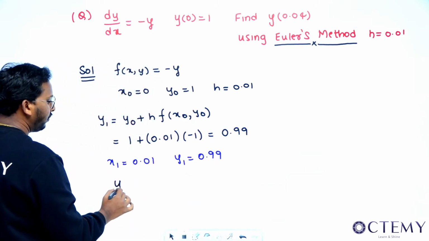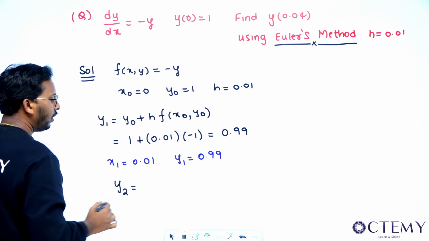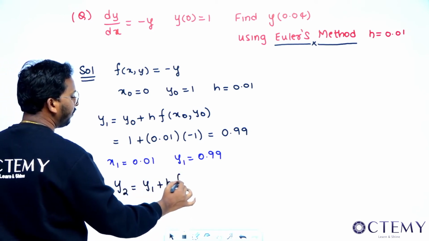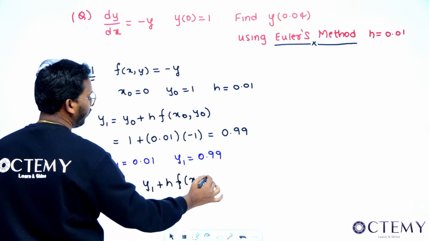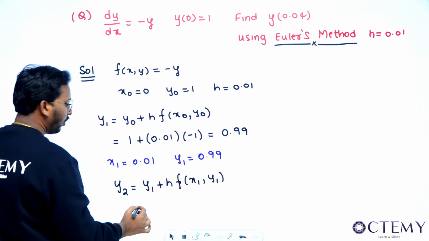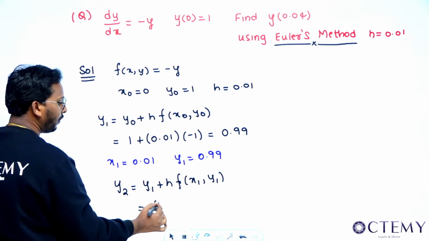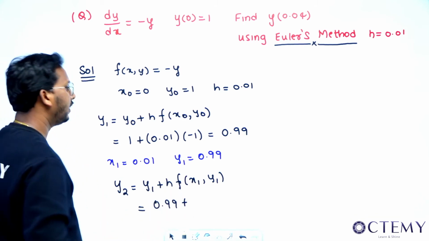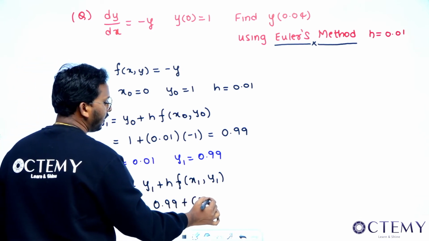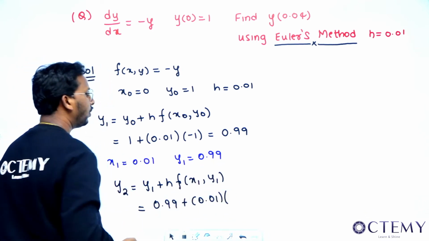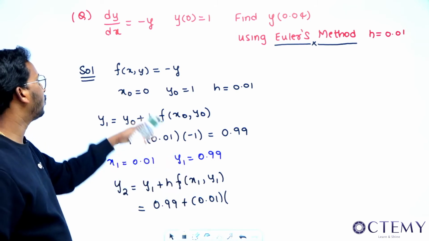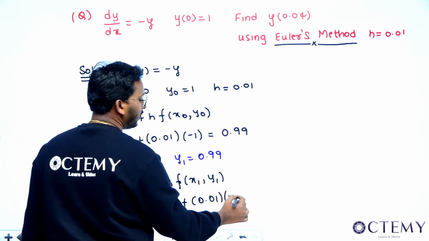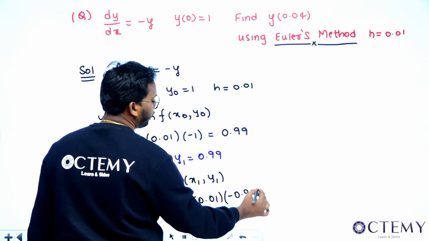Now let us go to x2. If you want to find y2, your y2 should be y1 plus h times f(x1, y1). What is the y1 value you got? 0.99, plus the value of h, 0.01, into f(x1, y1). You put y1 here, so it becomes minus 0.99.